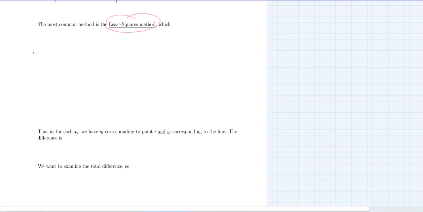Okay, so let's just write that out. This method minimizes the vertical distance. Again, it's important to specify this because there are several other methods.